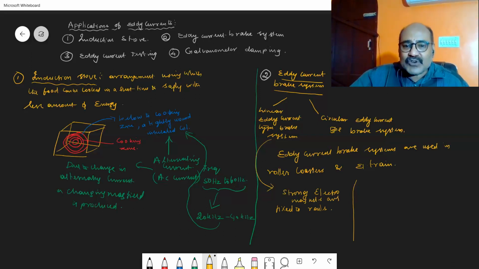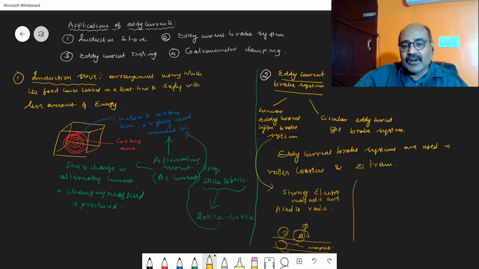Clear? So strong electromagnets are fixed to rails. Let us consider you have a rail, and below this you have strong electromagnets placed. Over this, when the wheel is rotating, and when these electromagnets get magnetized, then a strong magnetic field B will be developed. Due to that strong magnetic field, in this area of the wheel you will have the flux.